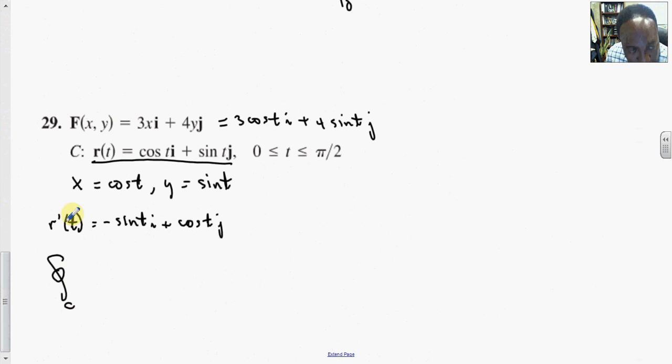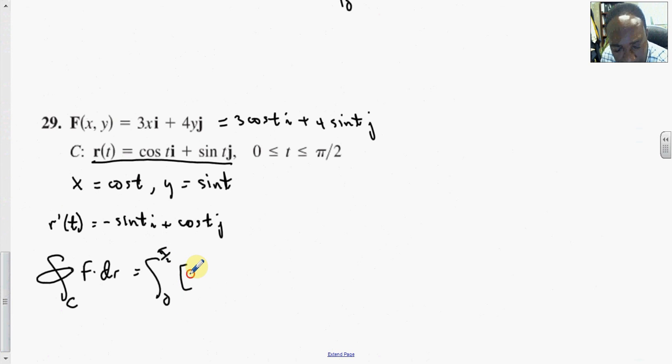So to find this line integral of F dot dr, this is the integral from 0 to pi over 2. The function F in terms of t is 3 cosine t i plus 4 sine t j. That's dot product with r prime of t dt.